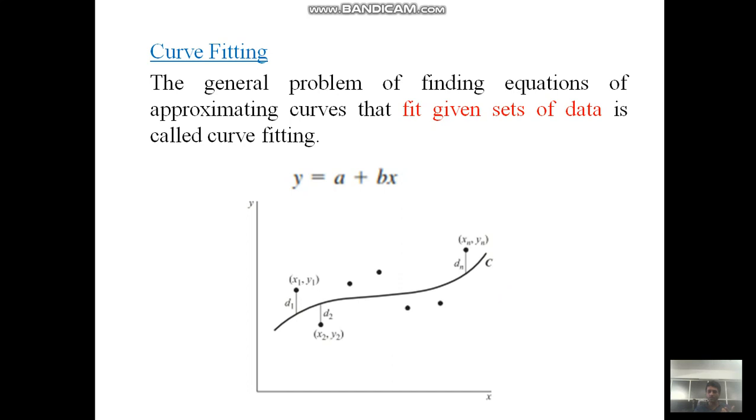Our aim is to find the equation of the straight line which best represents each and every point. Further, in detail, we will see how to deal with finding this type of straight line.